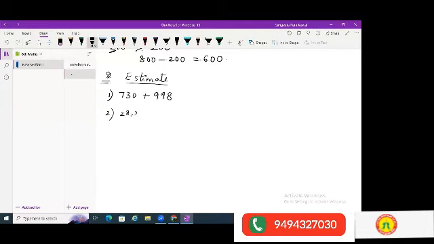And if you are not given any place, to tens place or hundreds place or thousands place, then you have to estimate it to the highest place value. Like 730 will be rounded off to its hundreds place. 28,000 will be rounded off to its highest place, thousands place. Okay?